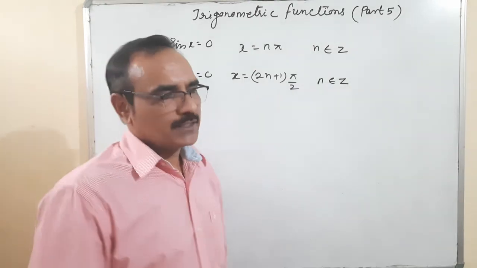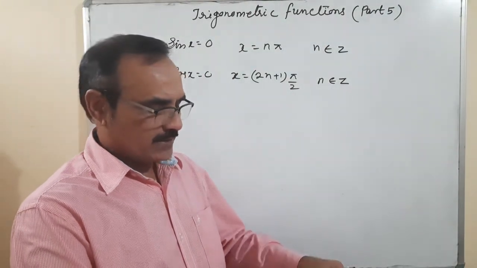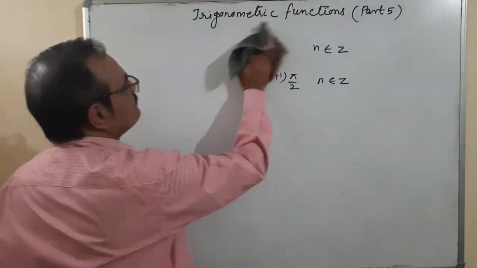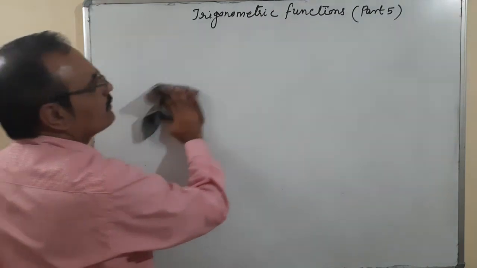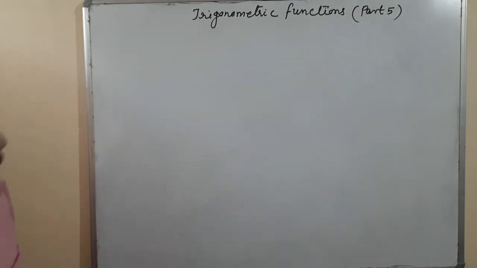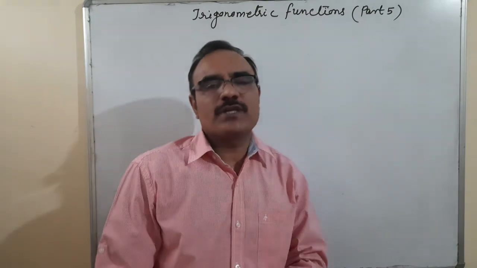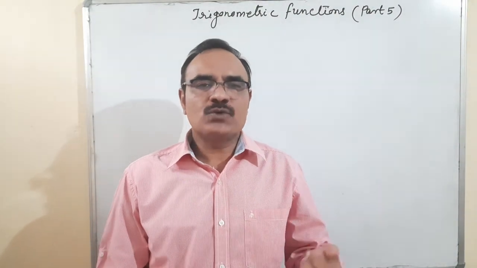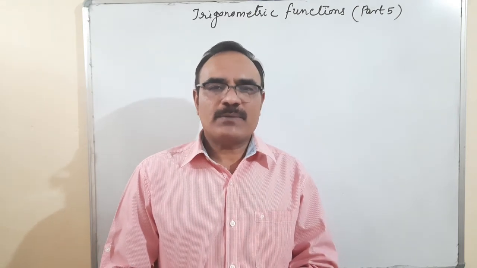Now we are finding the general solutions of sin x is equal to sin y, cos x is equal to cos y, and tan x is equal to tan y. Before general solutions, the principal values, that means from 0 to 360 degrees. In this range, every trigonometric ratio has positive values in two quadrants.